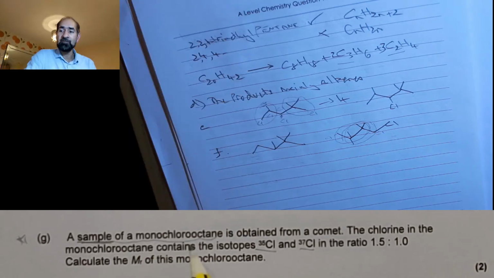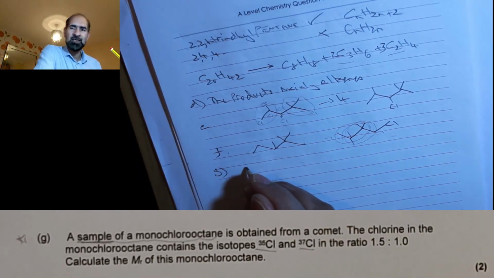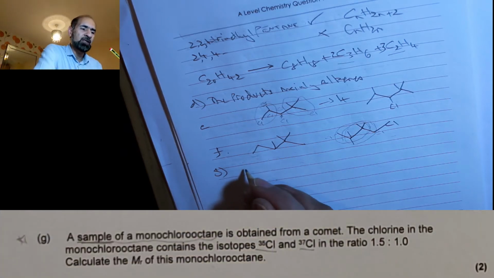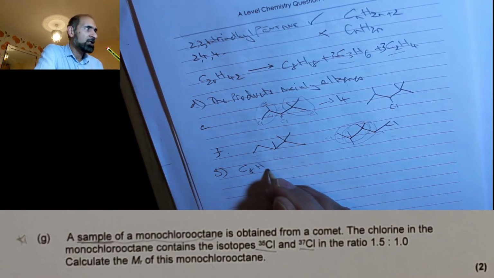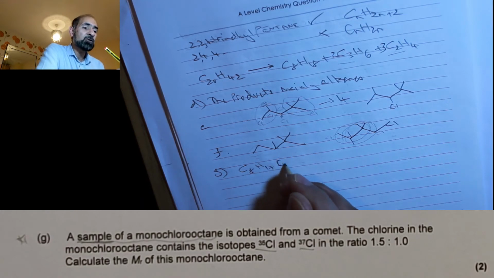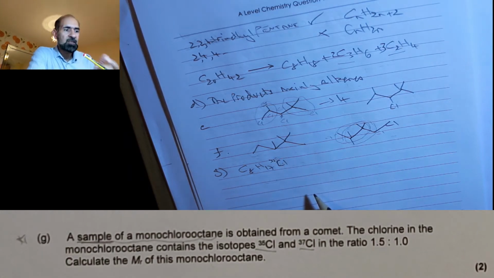Okay? So if I have a monochlorooctane, I'm not going to draw the skeletal formula or anything. I'm just going to work out the molecular formula. So C8H, now it's not 18, it's obviously because one of them hydrogens will be substituted for chlorine, so it'll be C8H17. And let's assume that the first one is Cl35 in this molecule.